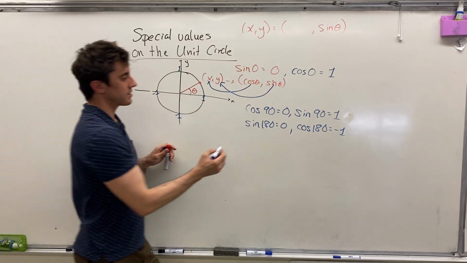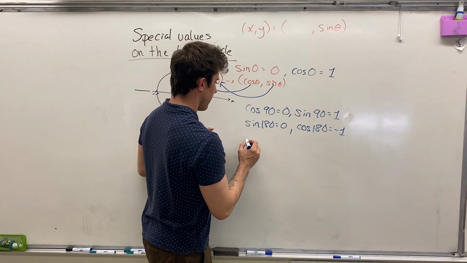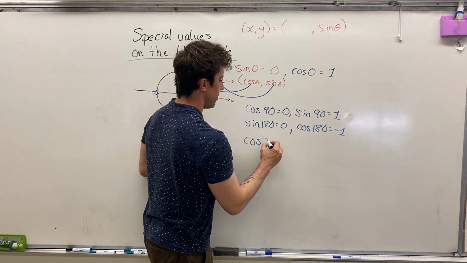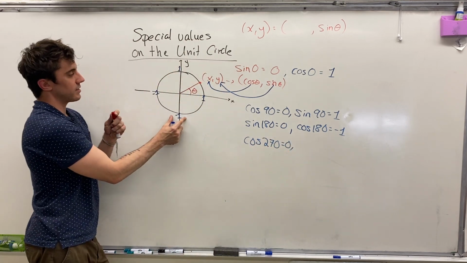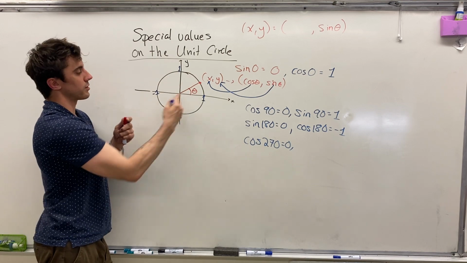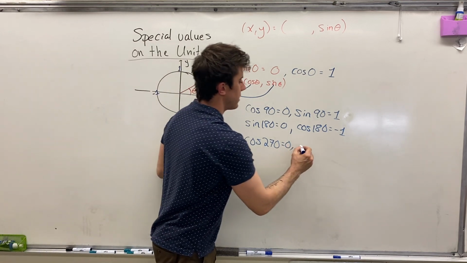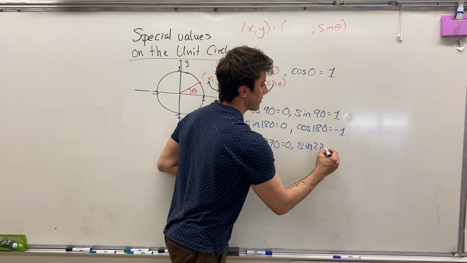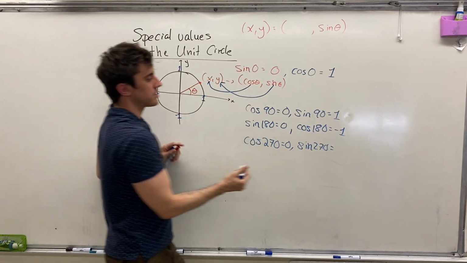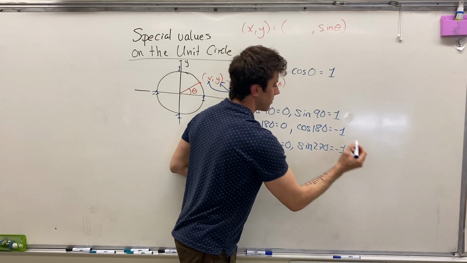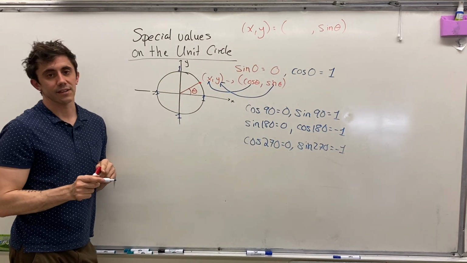Okay, and lastly, I'm sure you've seen this before, we have cos of 270 is equal to 0, because at 270 we're right on the y-axis, so the x coordinate is 0, right? And sine of 270, now our y coordinate down here is at a minimum, and so we get the smallest value possible for the sine at negative 1, okay?